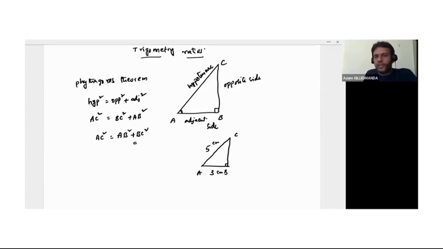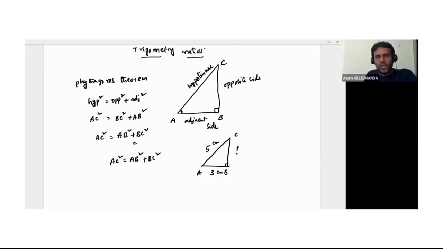If I know two sides, I can find the third side. So what is the Pythagoras theorem? If I apply it in this triangle, AC square, the hypotenuse square, equals the sum of the squares of the other two sides, AB square plus BC square.